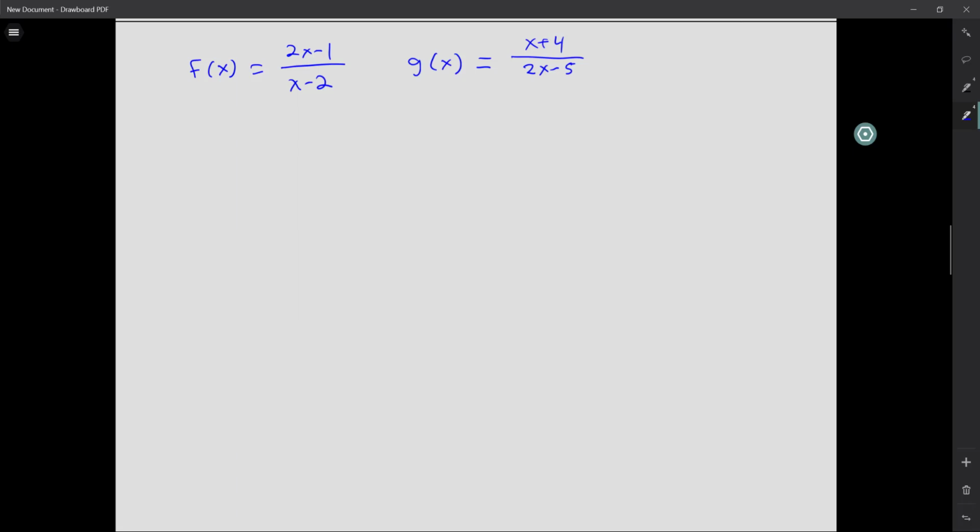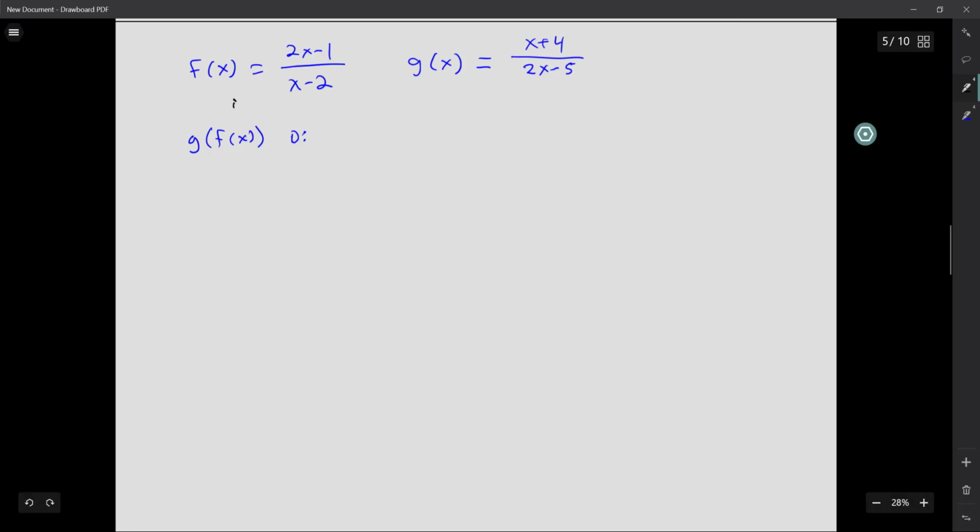So what do you think? F of x or g of x? Let's do g of f, simply because we've always been writing f of g. Say I want the domain of g of f of x. Well, we'll need some information first.